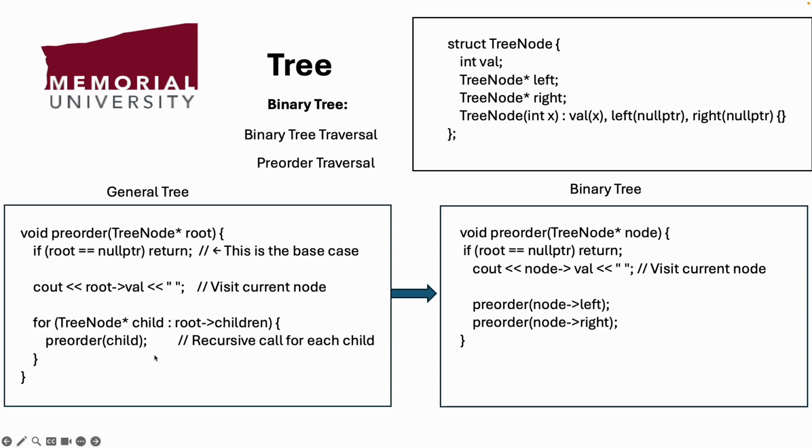The only difference is we don't need to loop over to visit the children, because the binary tree only has left and right, at most two children. So what we do here is recursively call pre-order on the node's left and pre-order on the node's right. This recursively calls the left child and right child.